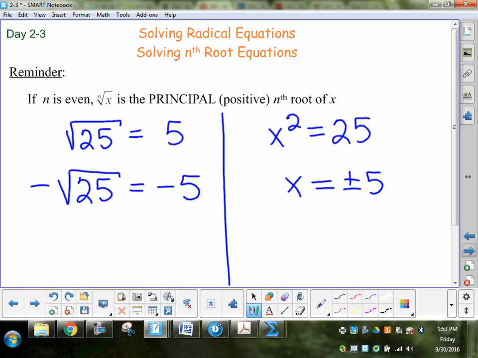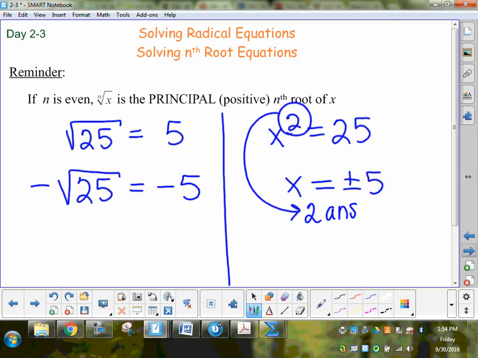Easy way to remember, see how that's a squared? The highest exponent or degree of an equation lets you know the number of answers you're going to have. That's when it's plus or minus. Questions on that? That's a really tough concept.